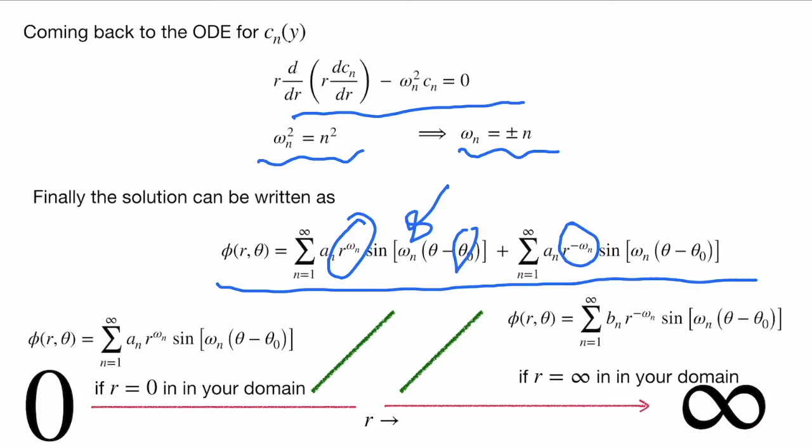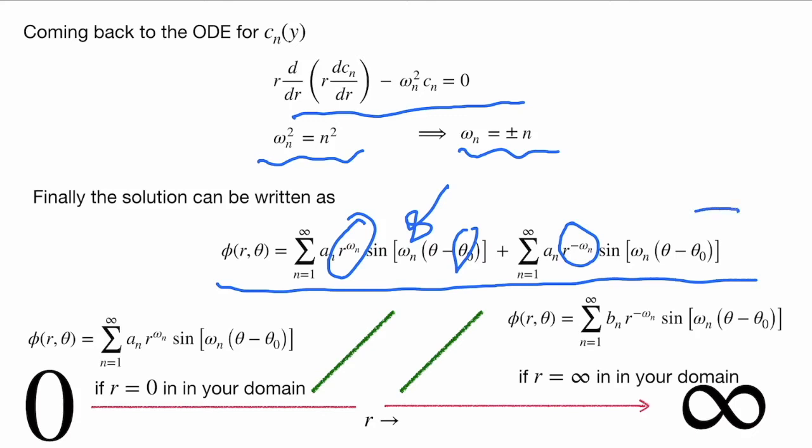Let's say that when we have a region from minus infinity to plus infinity, it's rather a complicated domain. One may restrict their domain to a specific region. Suppose we have 0 in our domain. Let's say you are using a domain in which r equal to 0 is also incorporated.